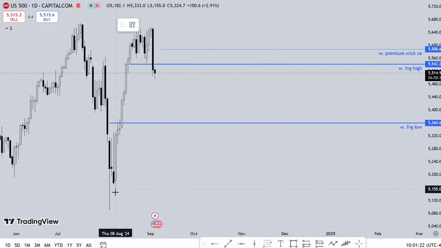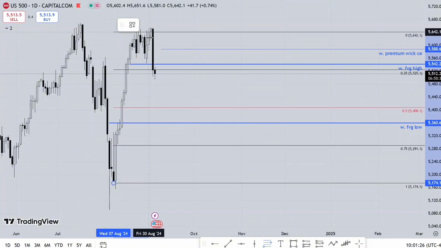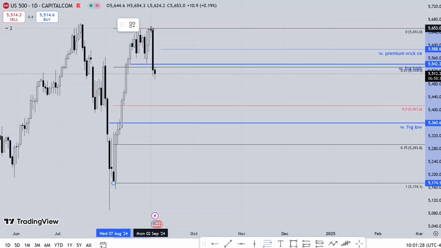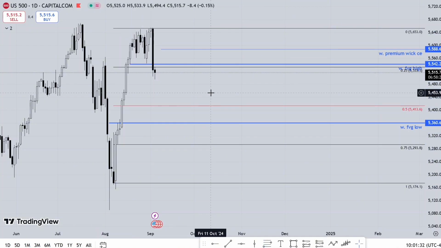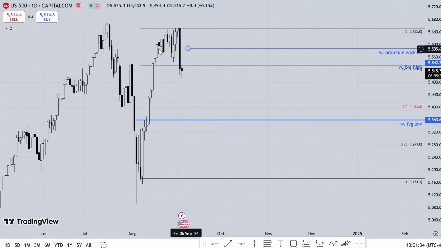Let's use the bodies for this and this, the highest bodies. Using the highest bodies, we are currently above the equilibrium of this range, and you have this PDRA here, this BC. So you have a daily BC here.